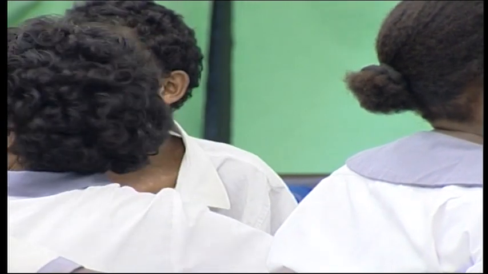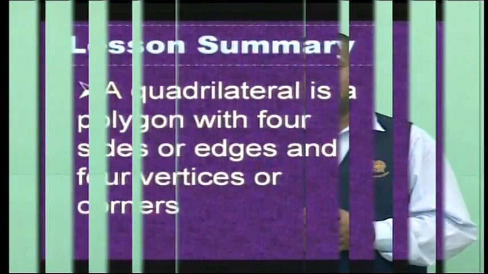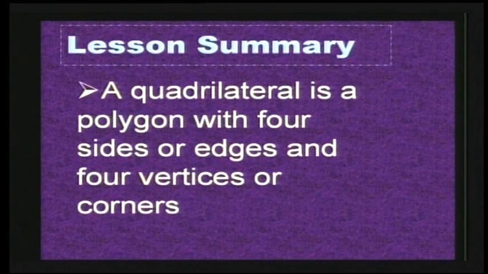Okay. With that, 7Es and receiving students, let's look at what we have learned so far. On the screen, our lesson summary reads, a quadrilateral is a polygon with 4 sides or edges and 4 vertices or corners. Any quadrilateral shape has 4 sides and 4 corners. Okay?